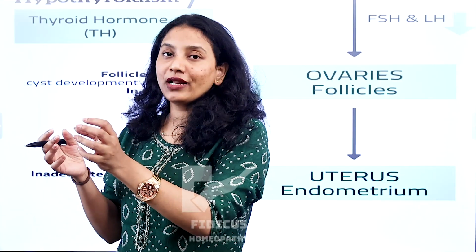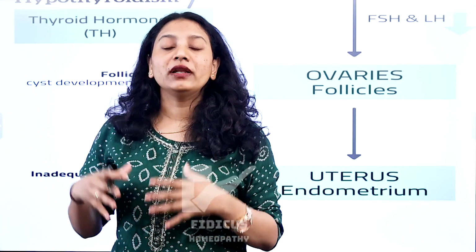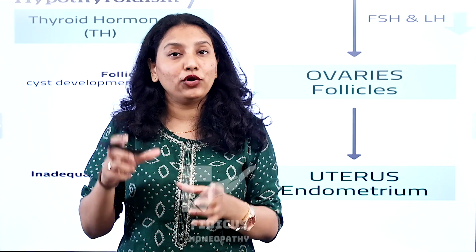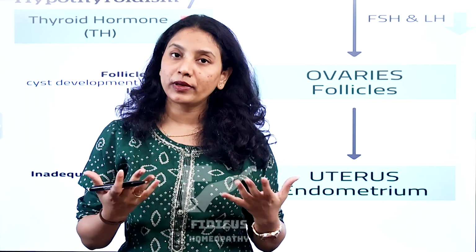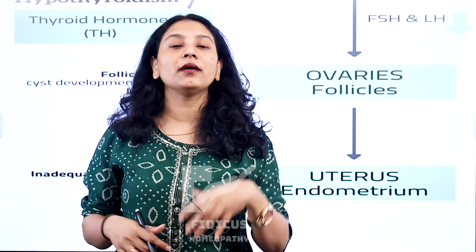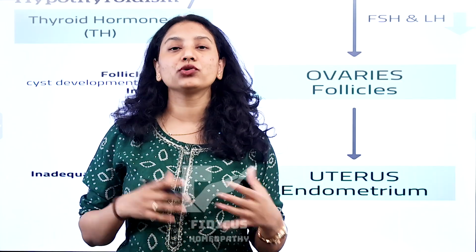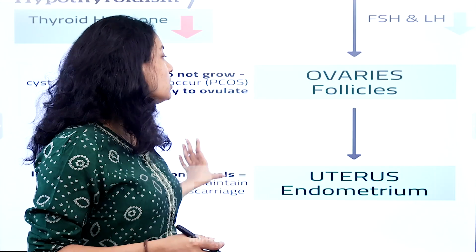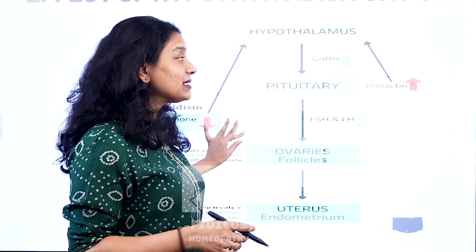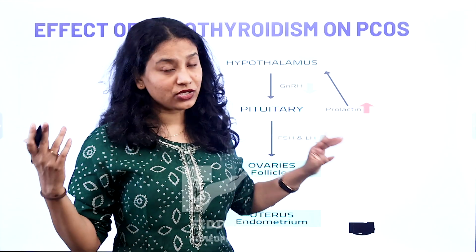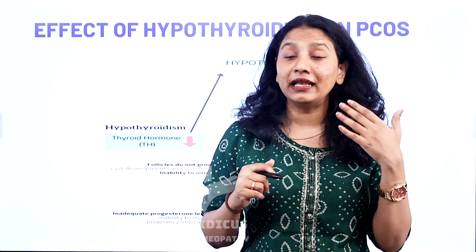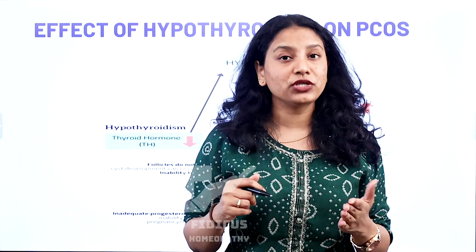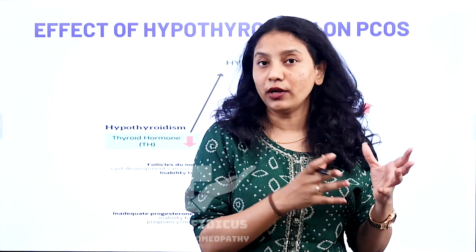It sticks to the uterine wall and the baby grows there. Whenever there is a thick, proper endometrium, the baby will grow properly. But whenever there is a thin endometrium, it can rip off, leading to miscarriage, or abortion, as we also call it. So that is also the reason why people experience miscarriages when they have thyroid issues, in cases where they are not using proper medication or the dosage is not set right for their body.